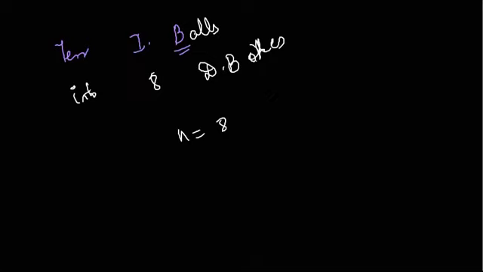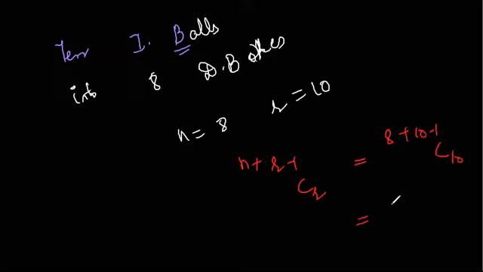And what are you placing in the boxes? You are placing 10 balls, so r is 10. And what is the formula we are supposed to use? The formula is n plus r minus 1 C r, which is equal to 8 plus 10 minus 1 C 10, which is 17 C 10. Okay, so this is the solution for placing 10 indistinguishable balls into 8 distinguishable boxes.